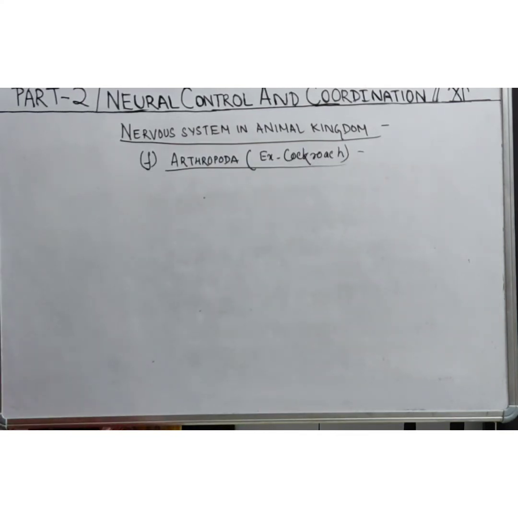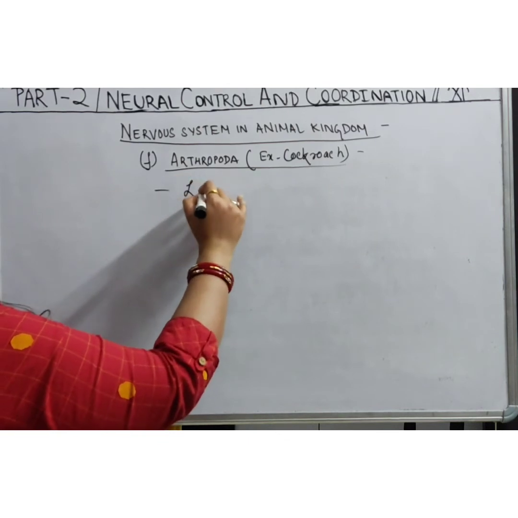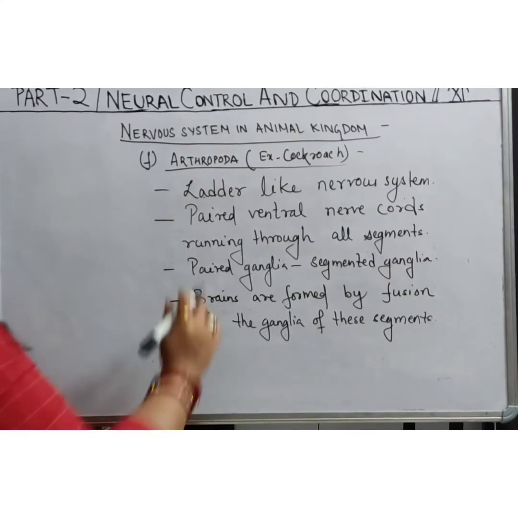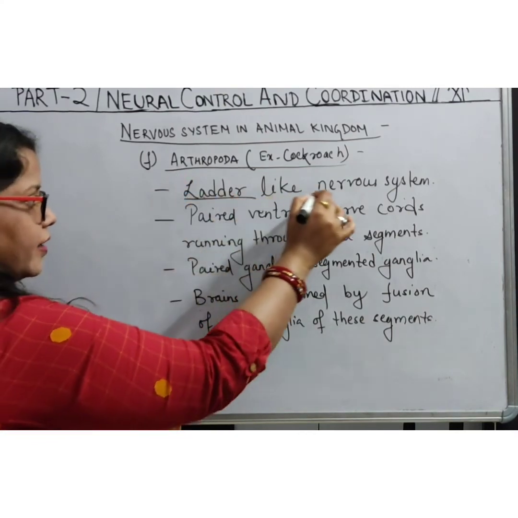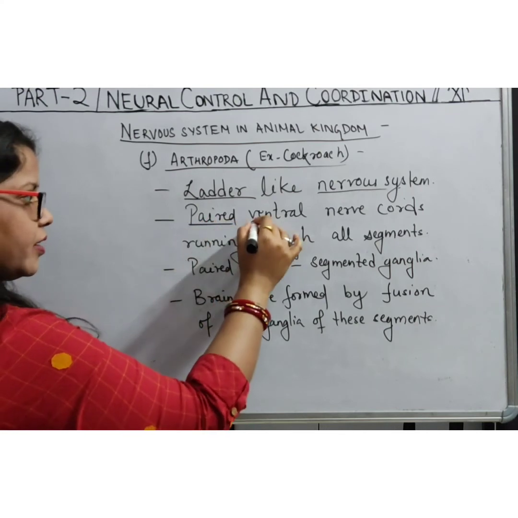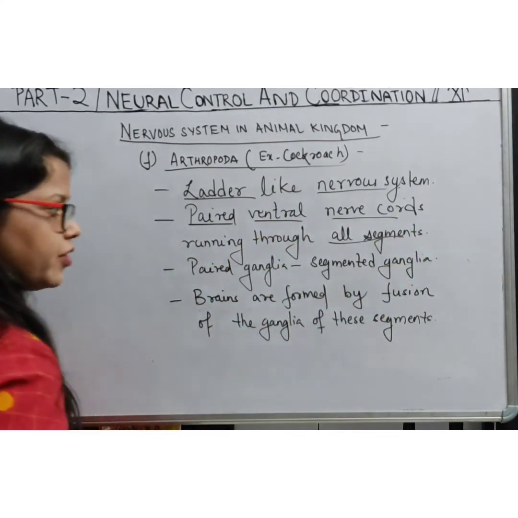Next we are going to talk about a higher level of the animal kingdom, that is Arthropoda. The best example to remember is the cockroach. In Arthropoda they have a ladder-like nervous system with paired ventral nerve cords running through all the segments of the body.